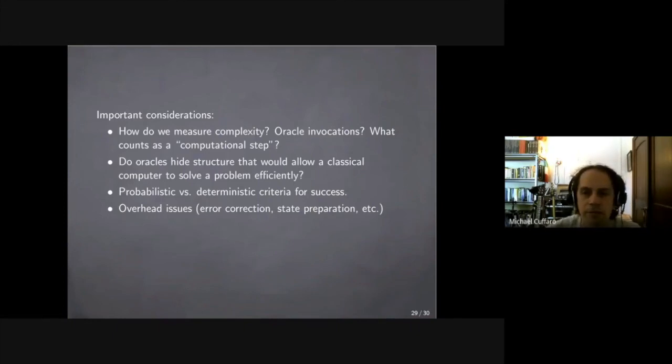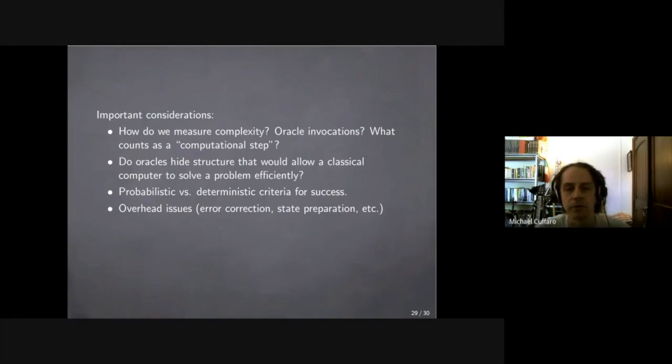Another question is what actually counts as a computational step. Can we count computational steps in the same way in quantum computing as we do in classical computing? As long as we can count them in the same way, it doesn't matter what they are. But arguably the question is a bit more interesting than that. Maybe we do need to think about that question a bit more carefully.